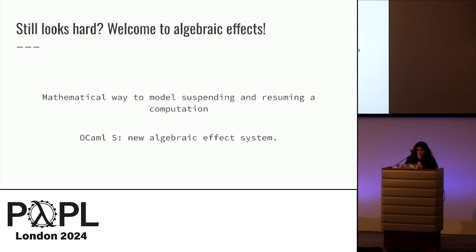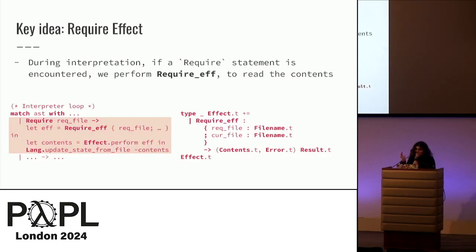Pretty simple. But we decided to explore this application domain in coq-lsp. And so we decided that if you hit a require statement, it should just perform a side effect to check the file that you're depending on.